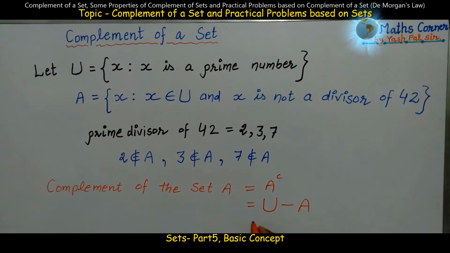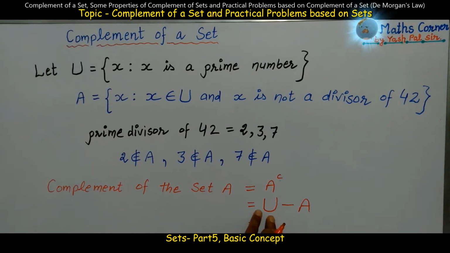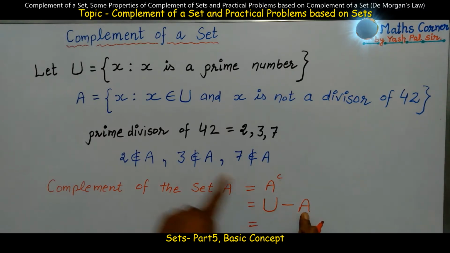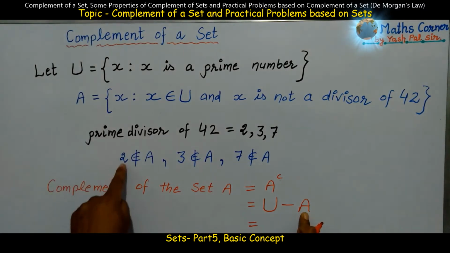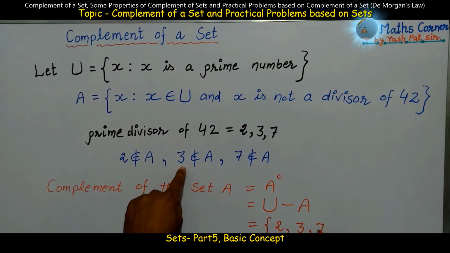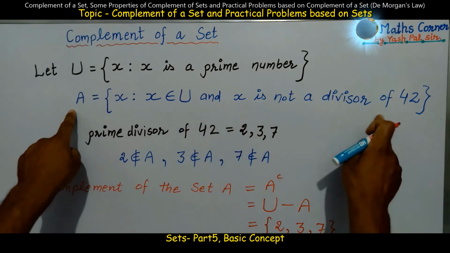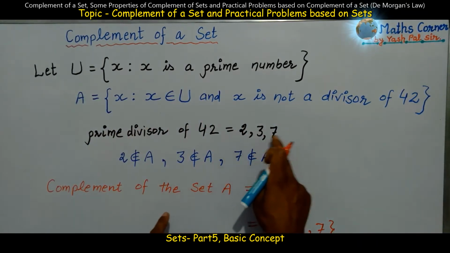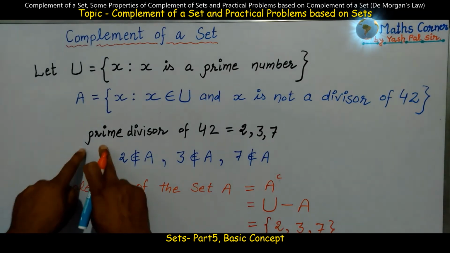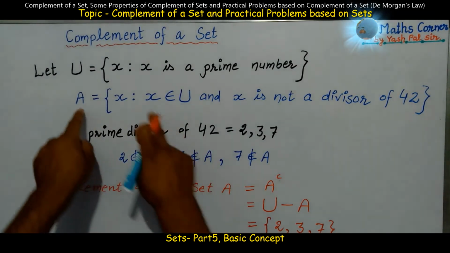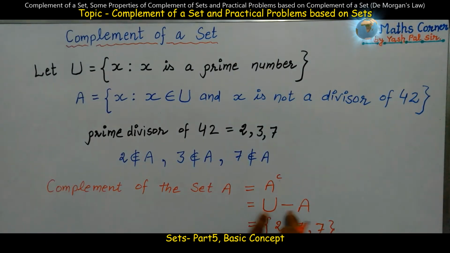So we write all the elements of the universal set except those elements which are available in A. Only 2, 3 and 7 are left, because A contains all the other elements of U. These are the prime divisors of 42 which are not in A. It means universal set minus A is equal to {2, 3, 7}. This is the complement of the set A.